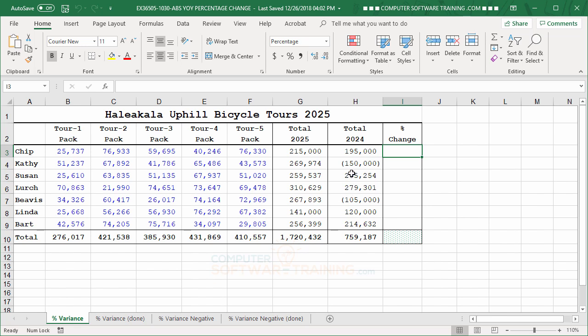And because we're going to be using negative numbers in the divisor, it's going to throw our percentage change calculation off. So we're going to have to nest in a function that's going to allow us to fix that. And you'll see that as we go along here.